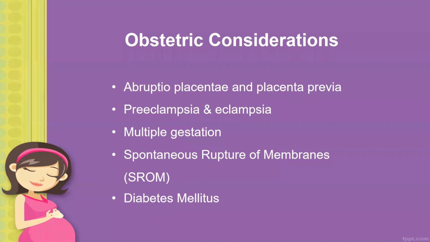Mom will be on bed rest probably with this and will need an extended hospitalization. The fetus or neonate may have anemia, intrauterine hemorrhage, and there's a high fetal demise rate with abruption and placenta previa.